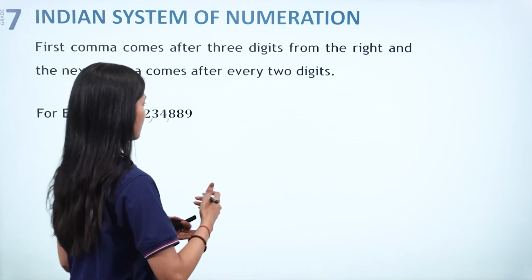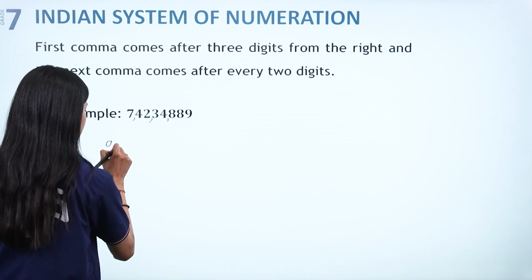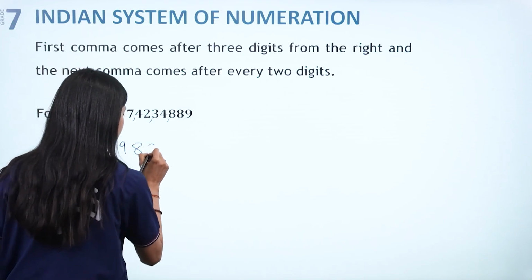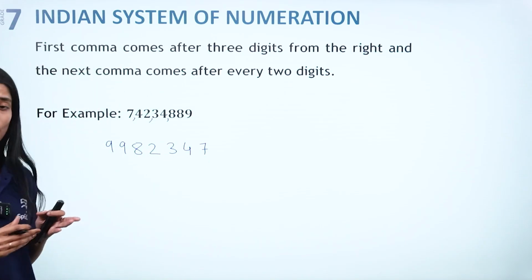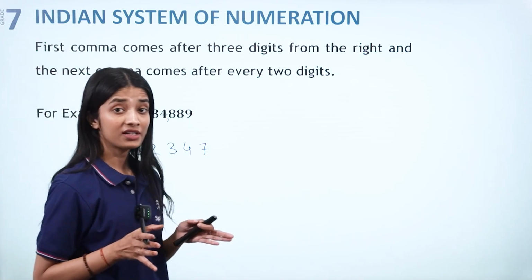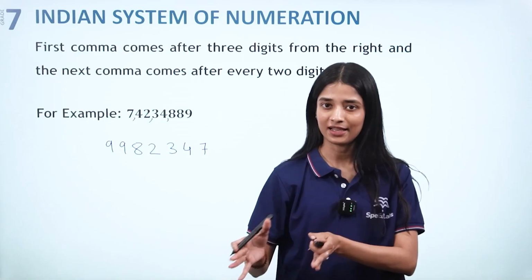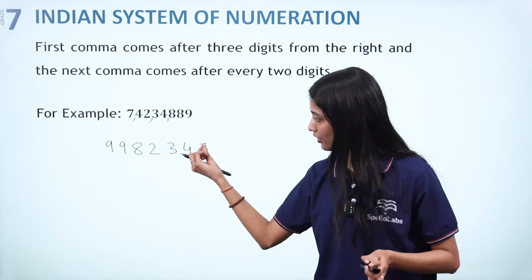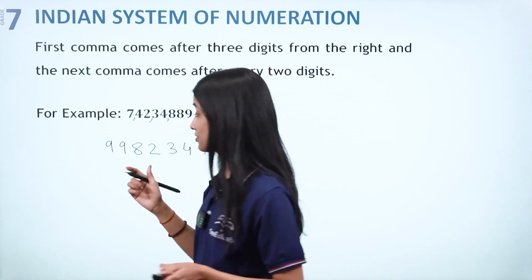Let's take one more example. Suppose the number that we have is 998234 and I want to add commas here. Our first comma will come between which two digits? We have to leave 3 digits and then place a comma, right? So 1, 2, 3. It means between 2 and 3 we will place our first comma.